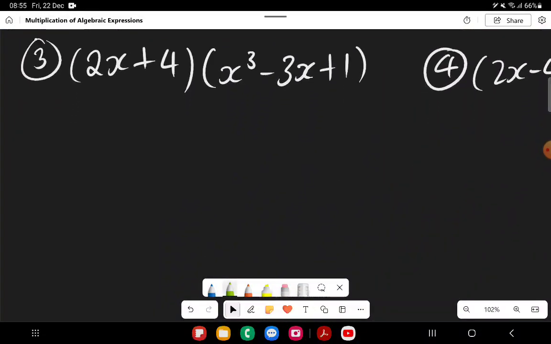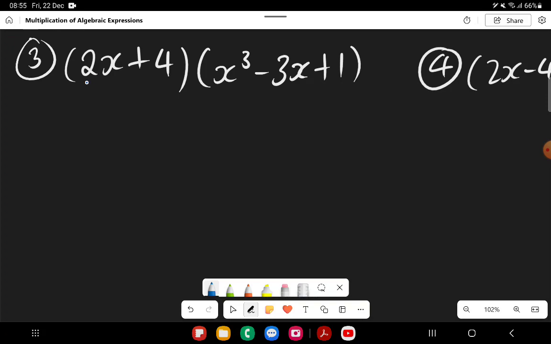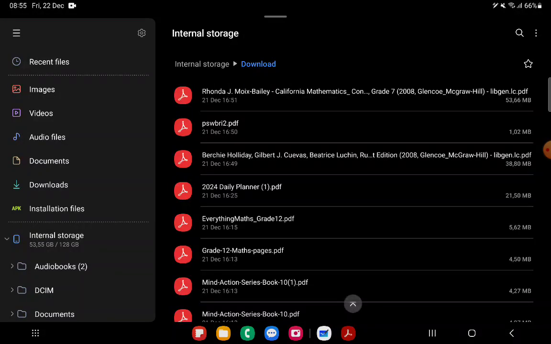Let's do question 3. 2x times x cubed. So that gives me plus times plus is plus. 2 times 1 is 2. X, we add the exponents, so 3 plus 1 is 4.